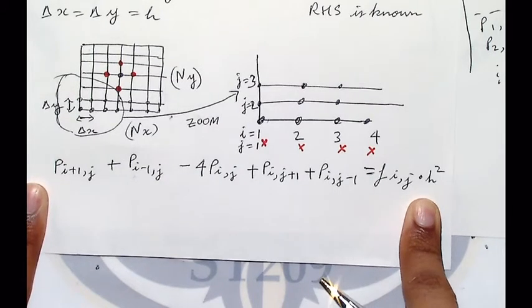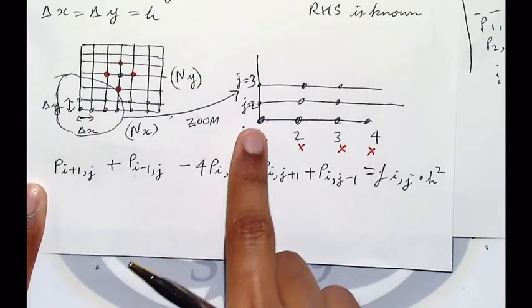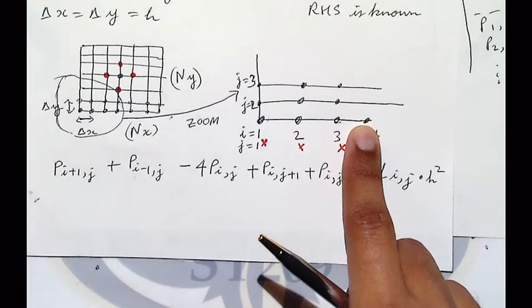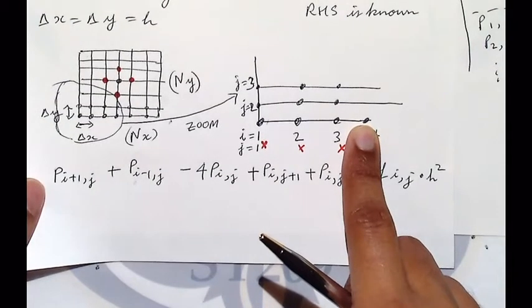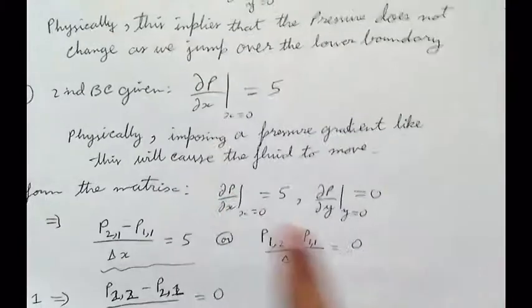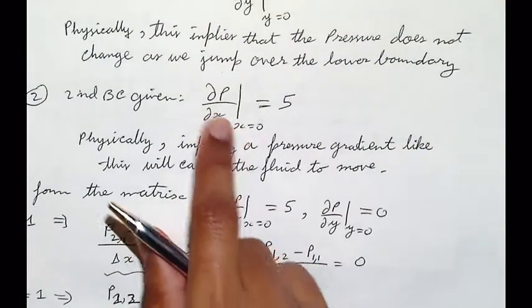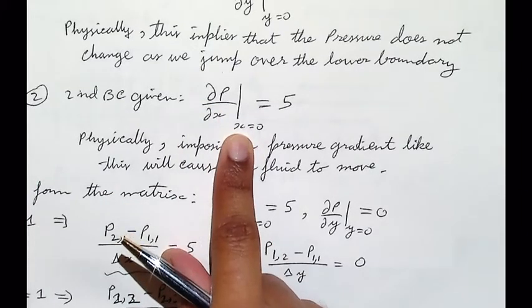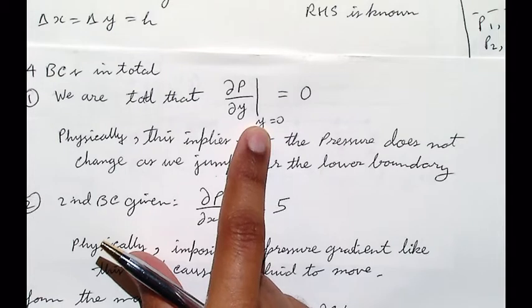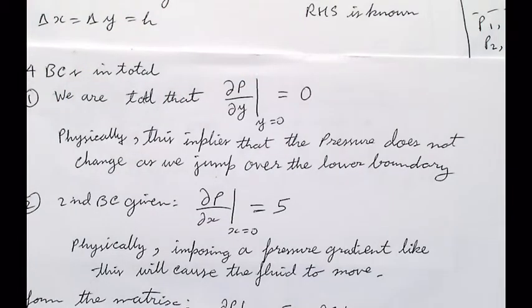We have not implemented the boundary condition along the x edge, isn't it? The x edge being, wait, what is the x edge? You mean bottom boundary? There's a boundary condition that dp by dx is 5 in the x boundary, isn't it? No, dp by dx is 5 at x equals 0, which is the y boundary, right? Sorry. And what we wrote was exactly this, dp by dy is 0. So that's why we have zeros on the right hand side.